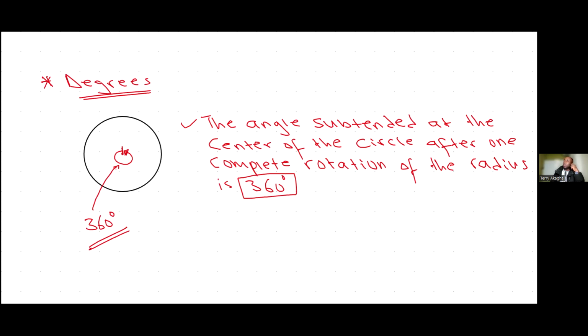All right, so another thing we need to know is that one revolution is divided into 360 equal parts, and each part is called a degree.